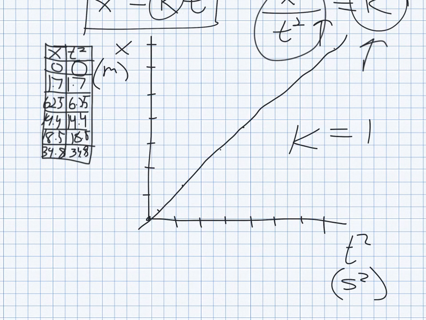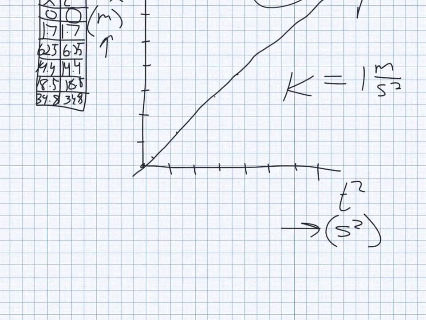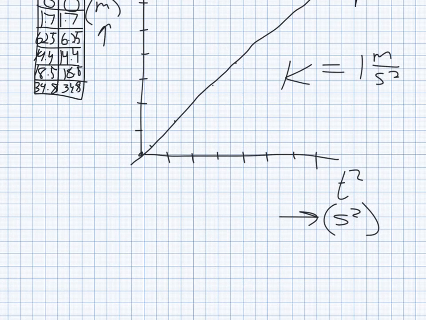But notice the unit on it. It's 1 meter divided by a second squared, meter per second squared, or meter per second per second. That's an interesting unit. It is appropriate in this case. So the slope of this line tells us that there's a change going on of 1 meter per second divided by second again.